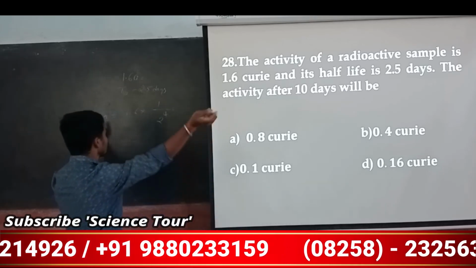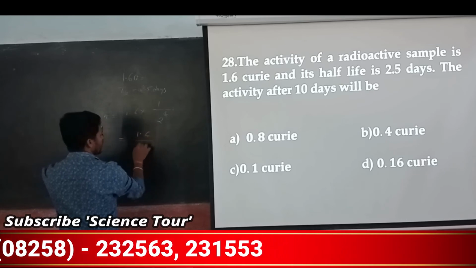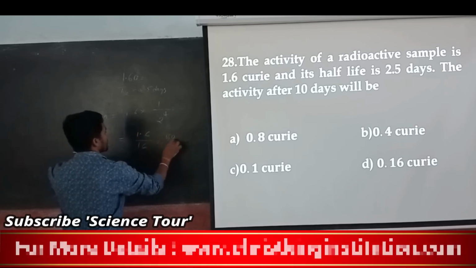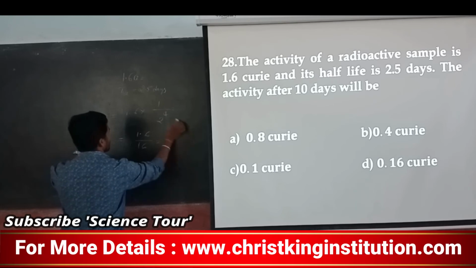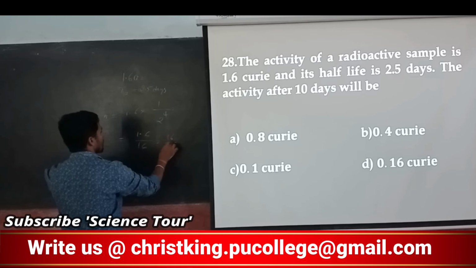Now 2 to the power 4 means it is 16, so 1.6 divided by 16, that is 16 divided by 160.